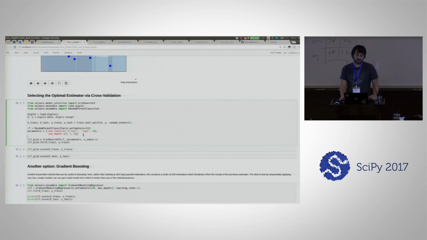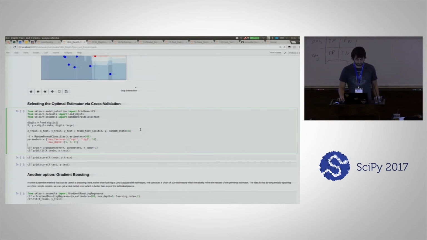The max depth controls the overfitting of each tree, but it also limits the size of the tree, which means they're faster to grow and smaller to store. If you have a big data set and you don't limit the tree in any way, these can become really, really big. They can take a long time to build and a long time to load, or they take gigabytes and gigabytes, and so it's hard to store them.